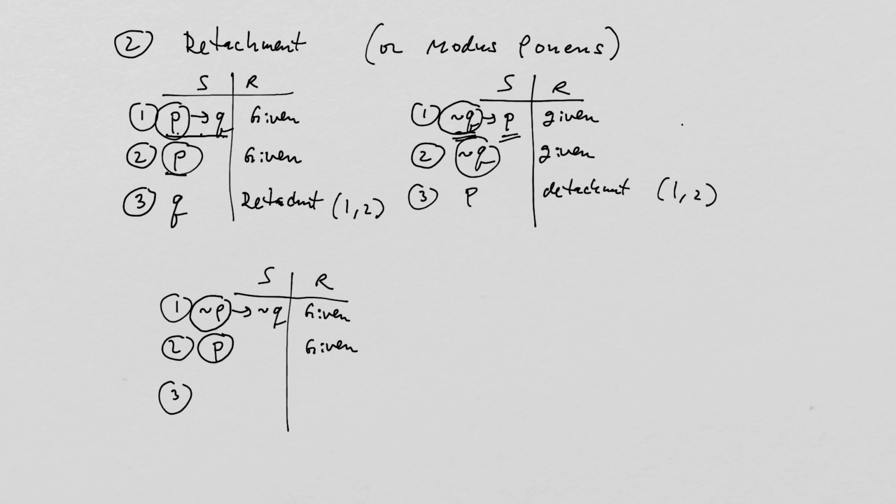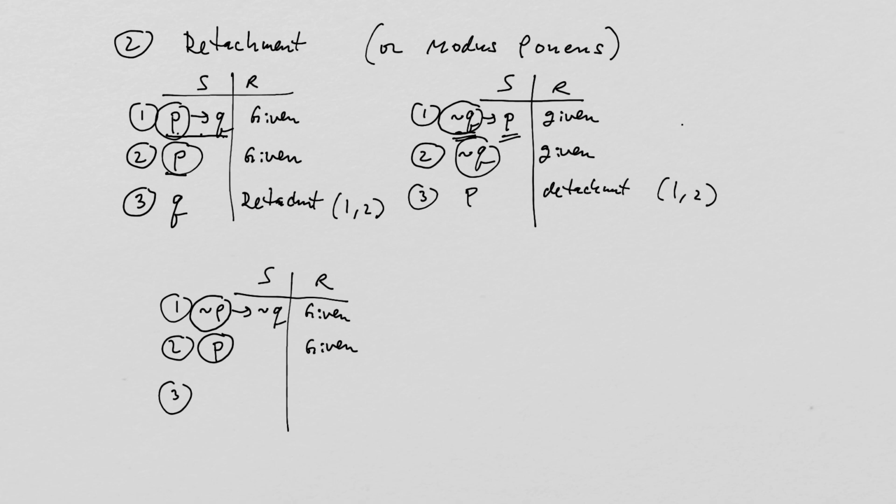So in order to use detachment, the thing on the left, the hypothesis, has to be given, but it isn't in this case, so there's actually no conclusion. You can't use detachment here. Maybe you could use something else, we'll find out. But that is what detachment is.